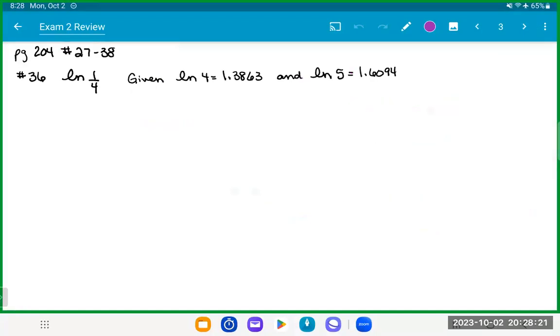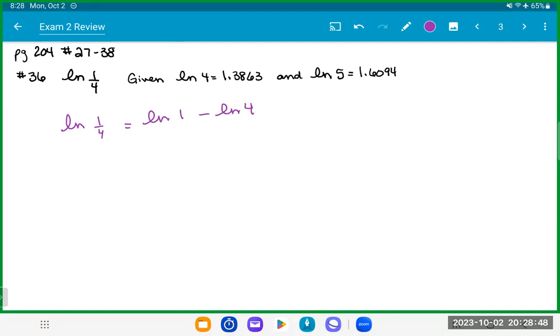Okay. So for this next type of problem, the instructions will say that you need to use the principles that we learned in section 2.1 about logarithms. And so for this one, we see that ln of 1/4 is equal to ln of 1 minus ln of 4.